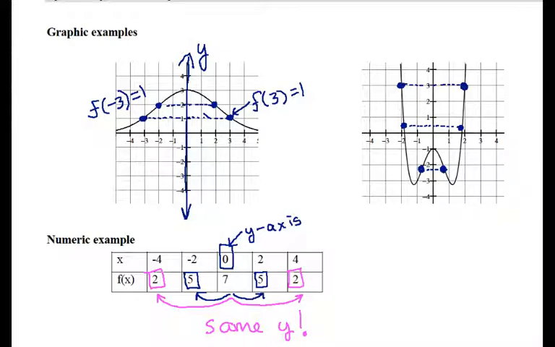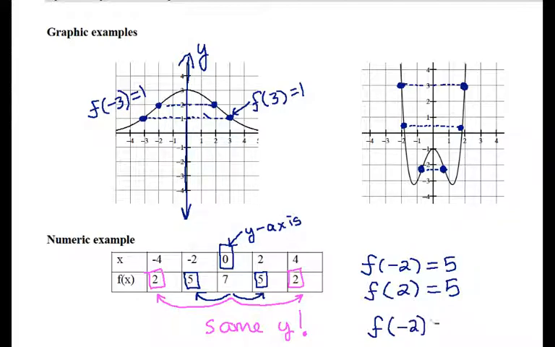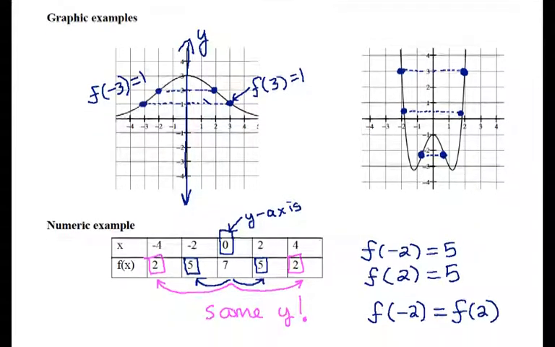So if I start to write this out symbolically, here's what it looks like. f(-2) = 5, and f(2) = 5. We can see that this symmetry holds because of the fact that f(-2) is equal to f(2). The reason I'm writing it this way is that it helps us to understand the basis of our symbolic rule.